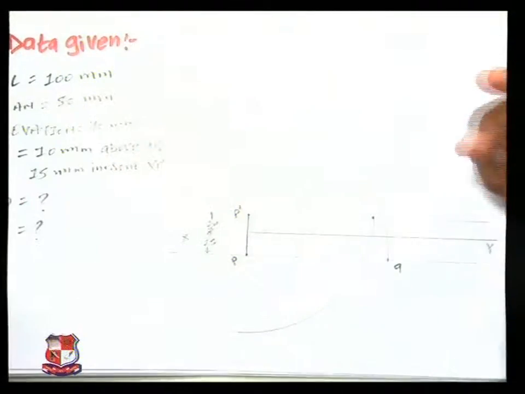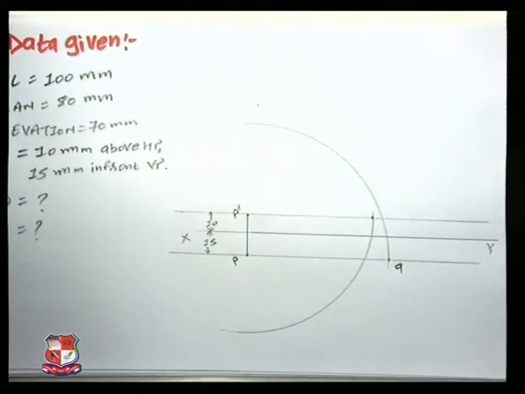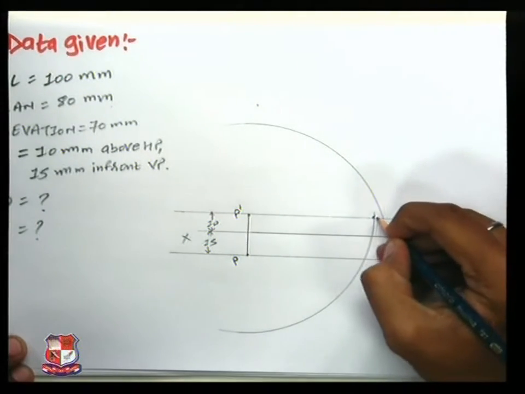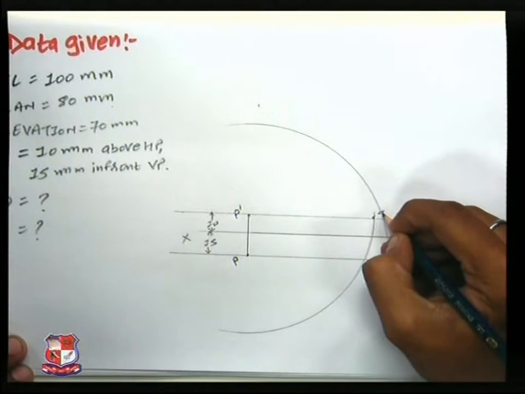We have plotted an arc like this, naming it as q dash.